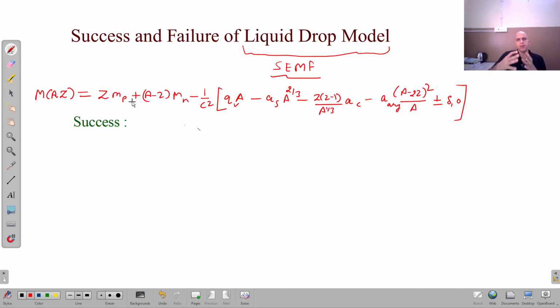So this was the semi-empirical mass formula that I have derived in the previous lectures.